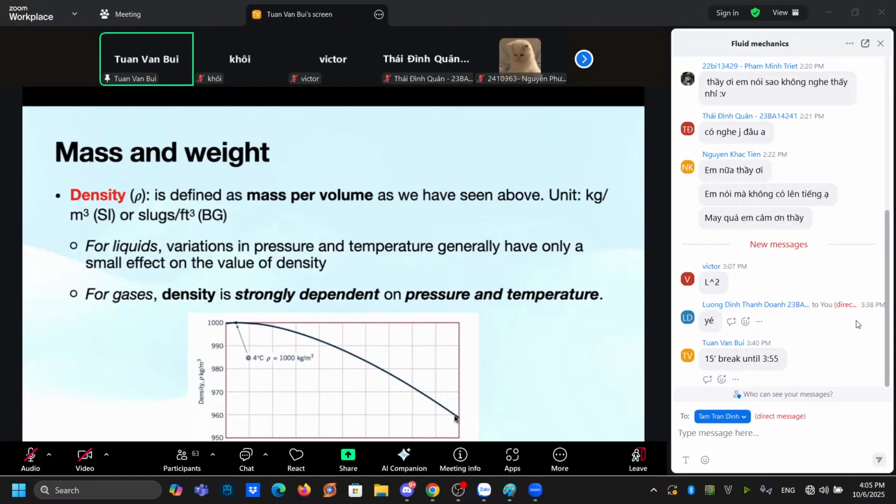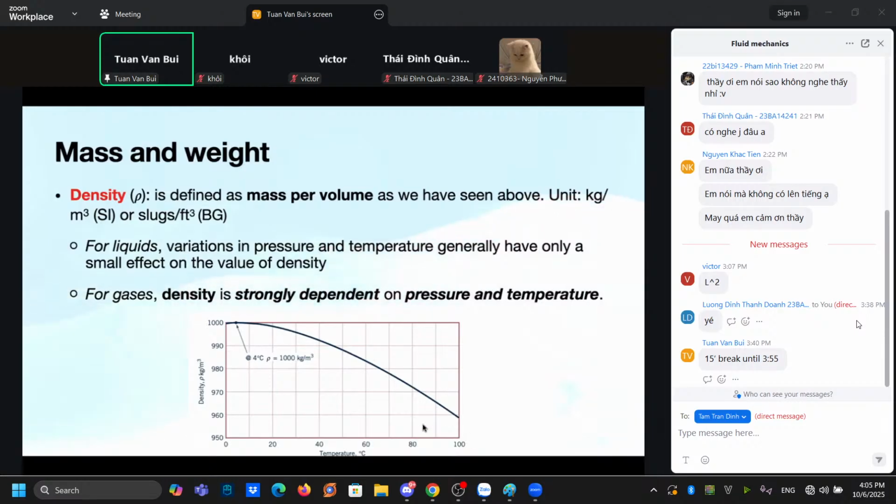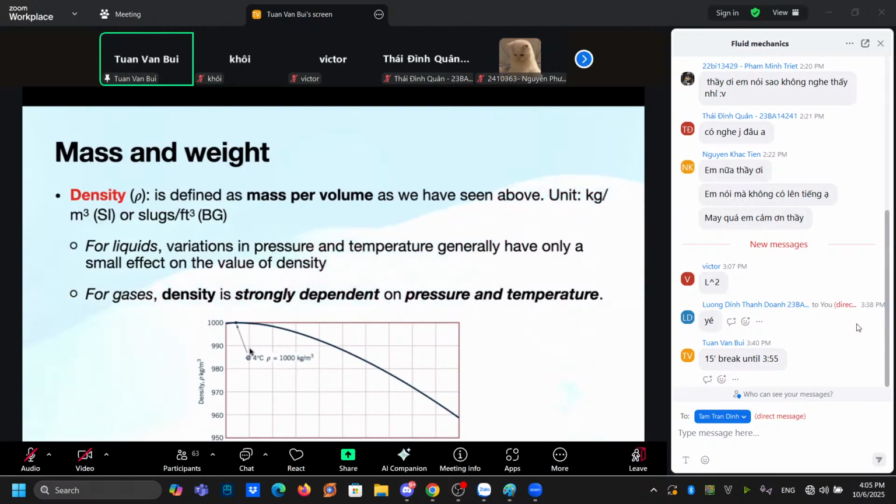And especially for water, we can see here it has a very specific maximum density at 4 degrees Celsius. You can see that at lower temperature, density actually slightly decreases. So quite special.